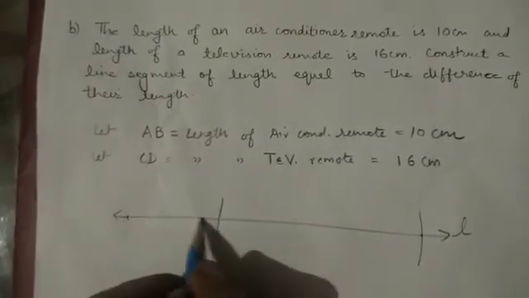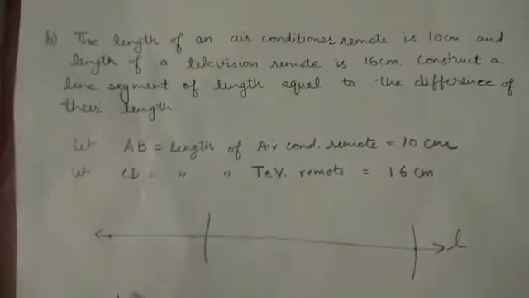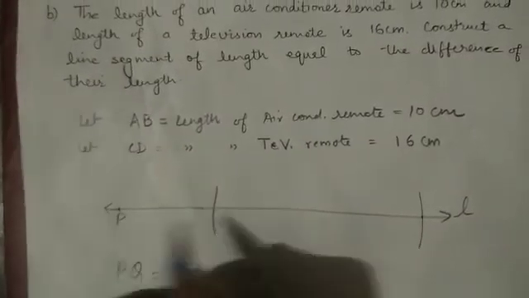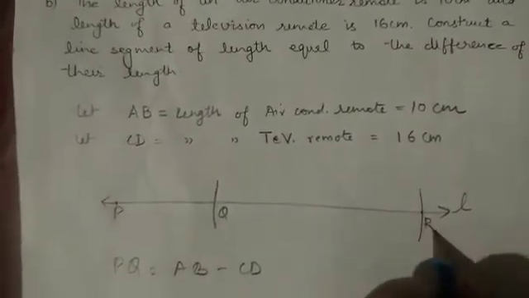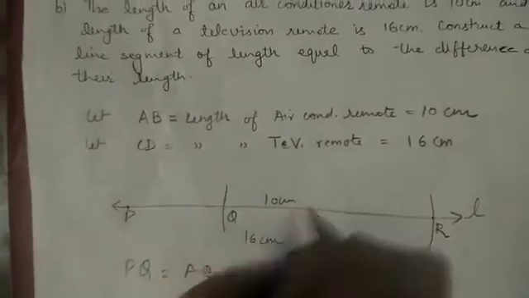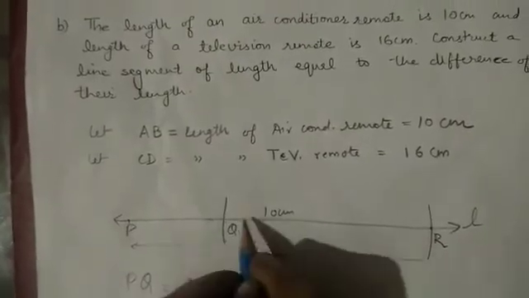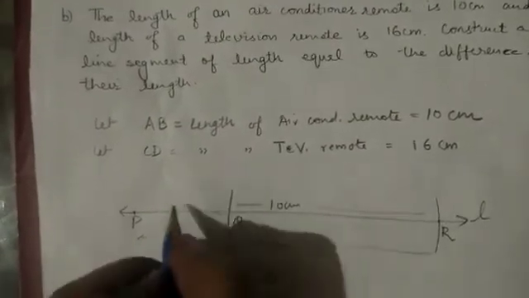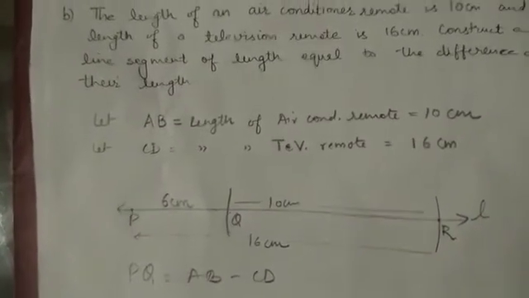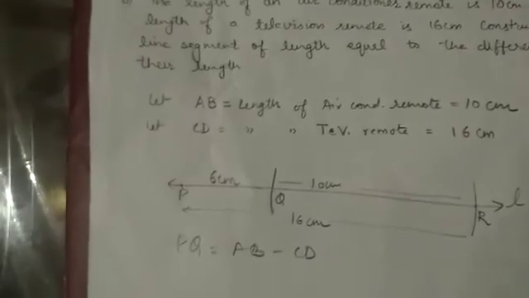The remaining segment, let that be equal to PQ, will be the length of the required segment. So I can name this like this way. This 10 is this length and this 10 is this length. Fine. It should be left with 6 centimeter now. In the same way we will do the part number C of question 1 and D also.